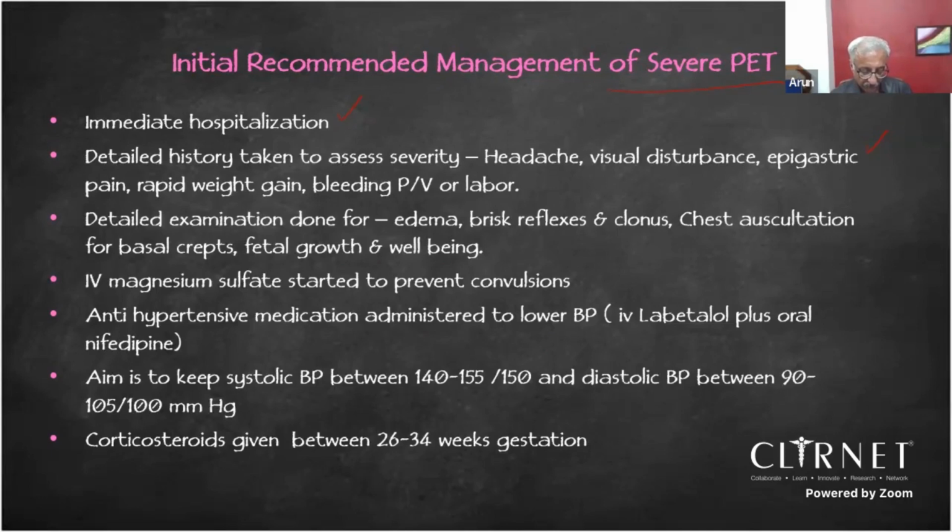So what we do is monitor these patients, prevent convulsions, give antihypertensives. The target should be systolic between 140 to 150, and diastolic around 90 to 100. Blood pressure should not be decreased suddenly or very fast. Corticosteroids given between 26 to 30 weeks gestation.